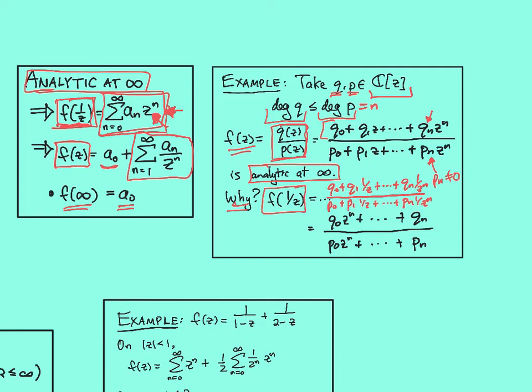And now I can clear the denominators and multiply the top and bottom by z to the n to get this formula here, which will now start out at Q0 z to the n, and then the terms will go down in powers until I get Qn and Pn in the bottom. And so this is perfectly analytic at 0 because Pn is non-zero. So I can plug z equals 0 in here with no problem. Okay, so rational functions where the top has degree less than or equal to the bottom degree will give you functions that are analytic at infinity.